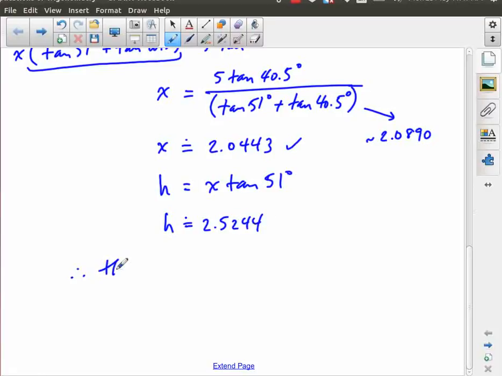Therefore, the altitude of the plane is 2.5 kilometers. Okay.